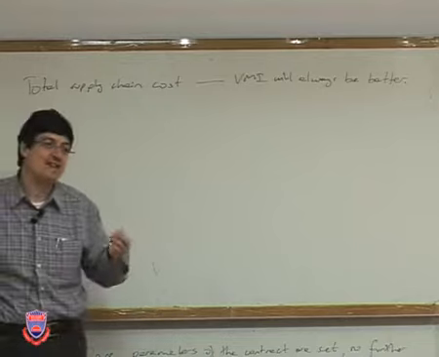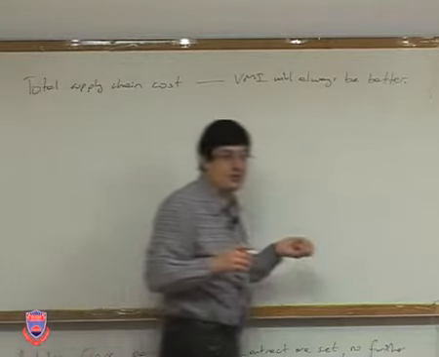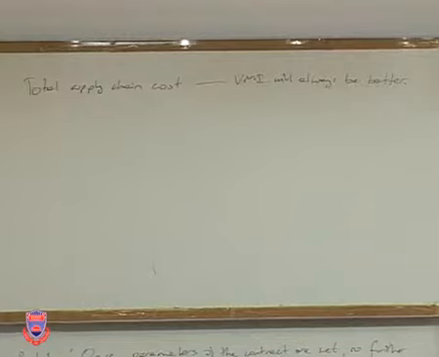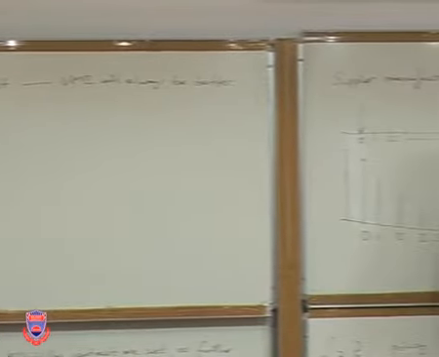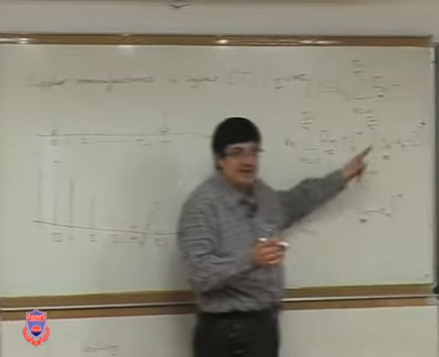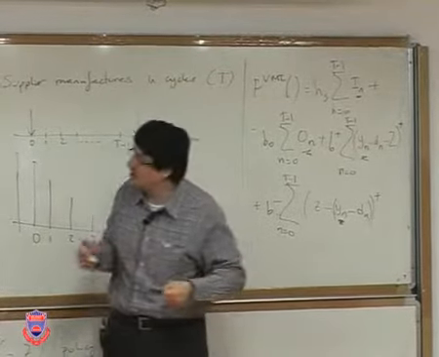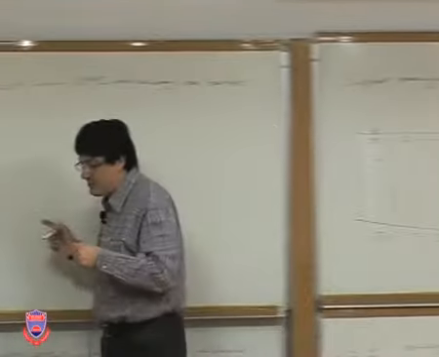If you correctly set the Z values, note that all of these, when you look at them in the supply chain context, will be simply transfer costs. It's not going to change the total cost because one side will pay, the other side will get it. It will be within the supply chain. So VMI will always be better.